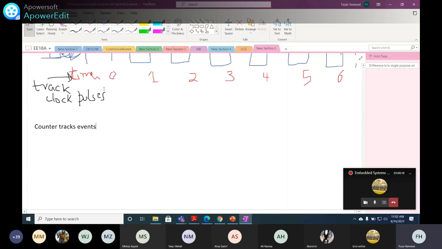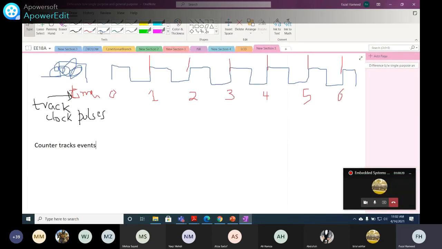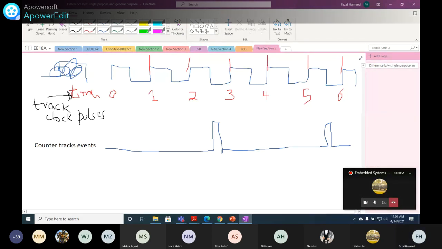Let's assume that we want to have some events, and that event is some person walking through our way. So there are no events here, and now at this time you have an event, and then now you have an event. So this pulse is an event.